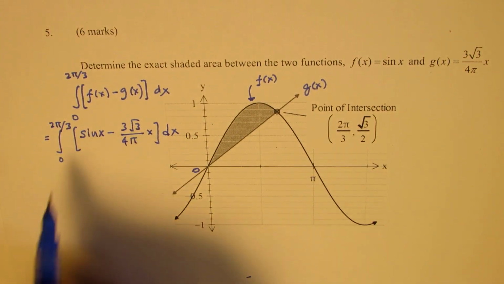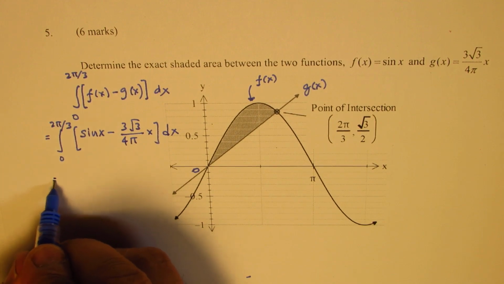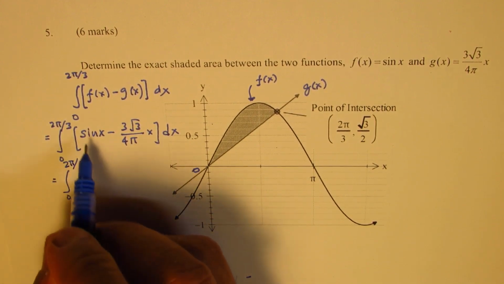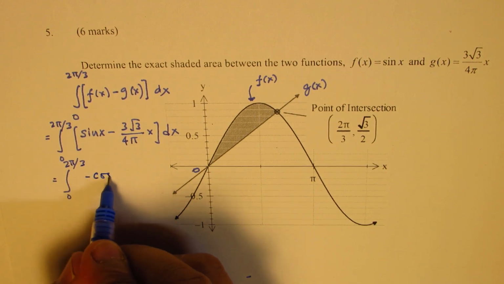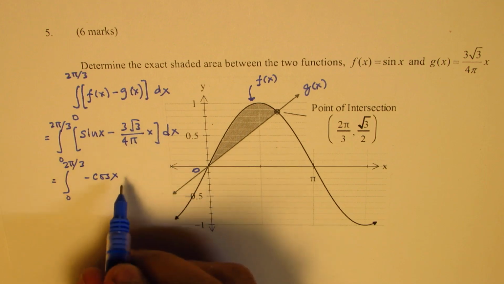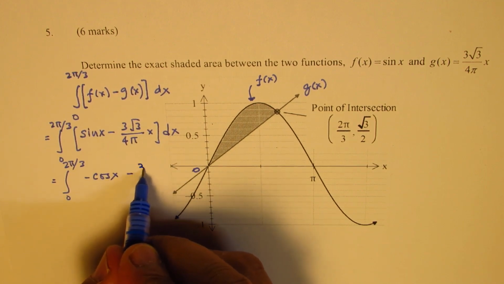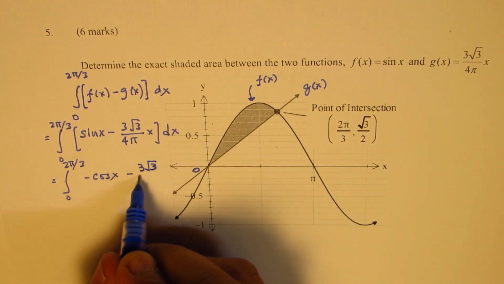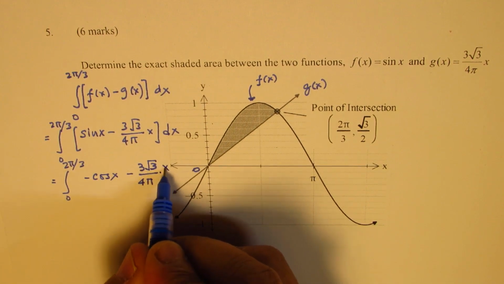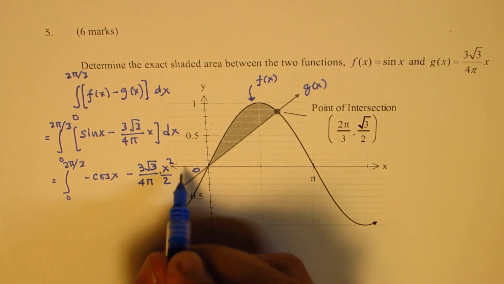The integral of sine x is minus cos x, so we could write this from 0 to 2 pi by 3 as minus cos x, and the integral of x is x squared by 2, right? So we get minus 3 square root 3 over 4 pi times x squared by 2, correct?